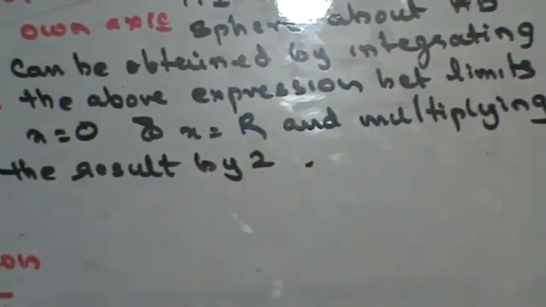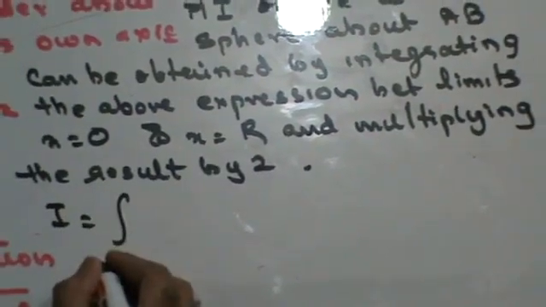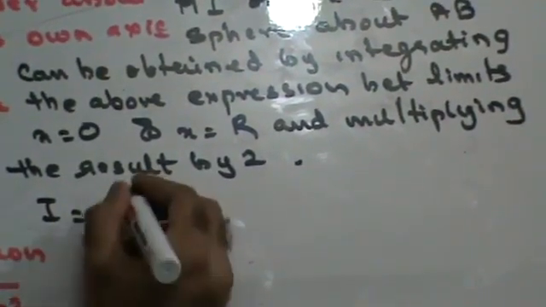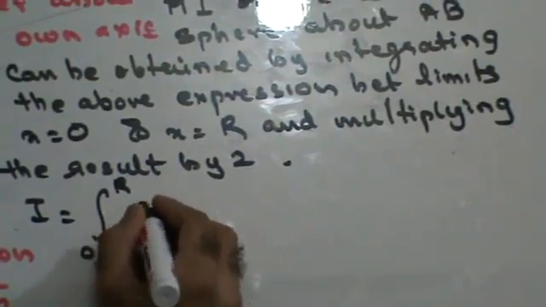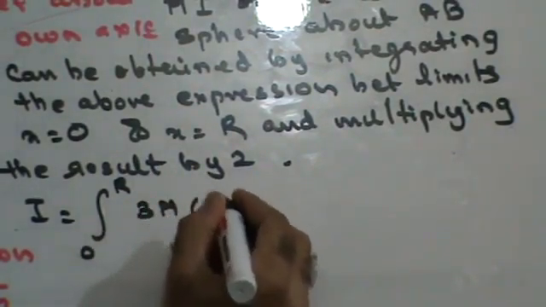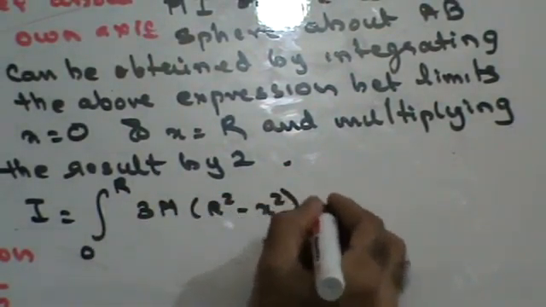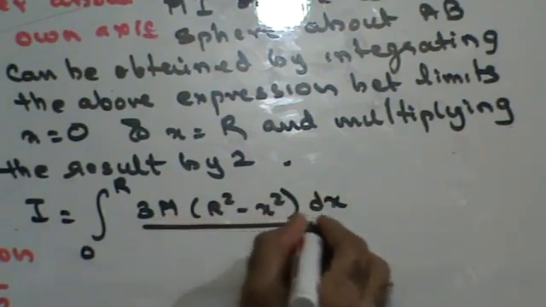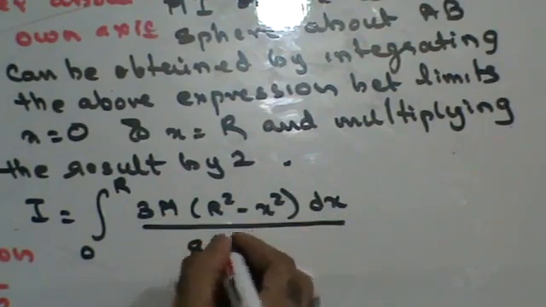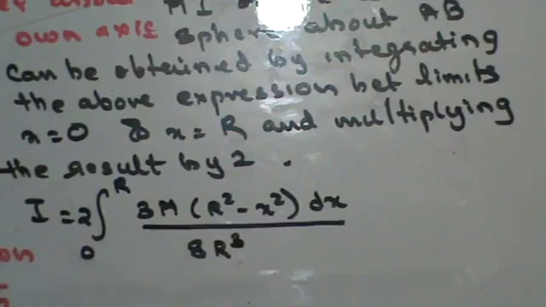So in which case I can say I is nothing but integral of 0 to r of 3m times r square minus x square the whole square dx upon 8 r cube, and then multiplying the result by 2.